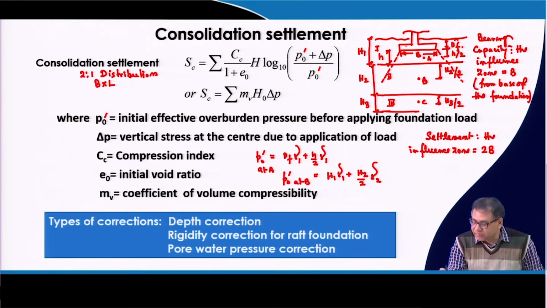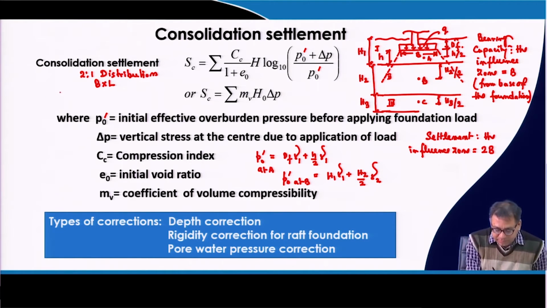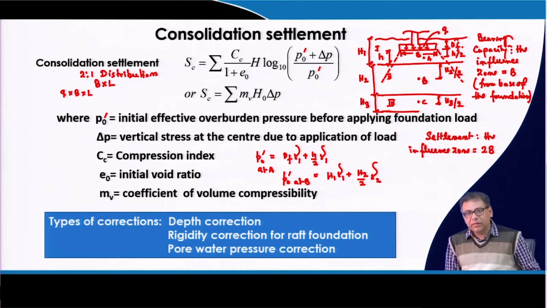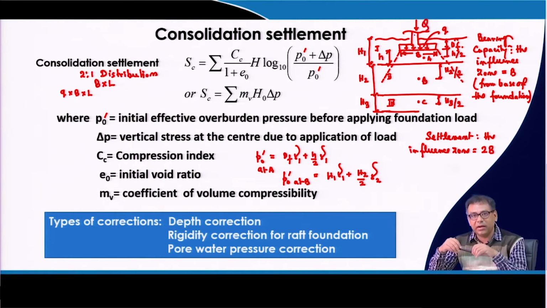That means this stress acting at the base of the footing is equal to q. So, the total load acting at the footing will be equal to small q into B into L. So, this is the total net load acting on the foundation base.